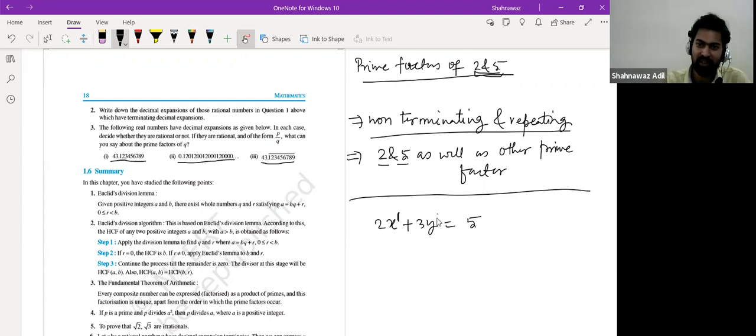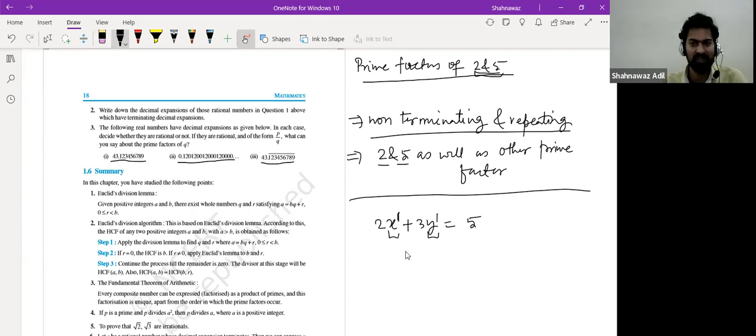Because if you have, let's say, 3x square, so this will be a quadratic equation, right? So the third chapter is about linear equations. Linear equation means that the degree of the polynomial is 1, and two variables means that it has two unknown numbers, right?